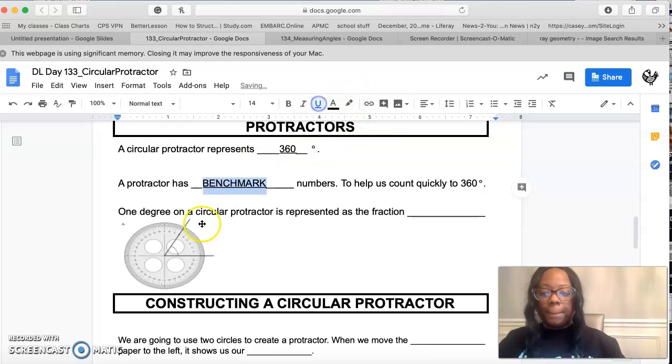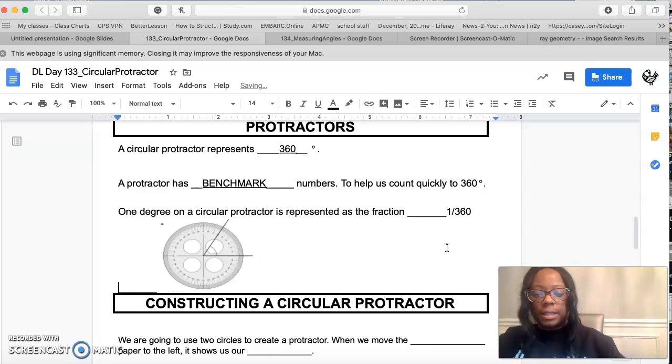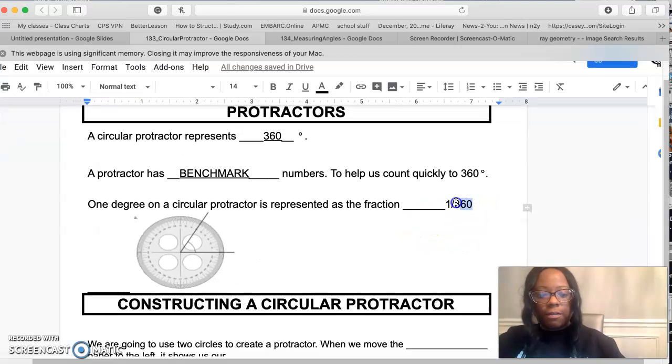Now, 1 degree on a circular protractor is represented as the fraction 1 in 360. So it is a fractional piece.